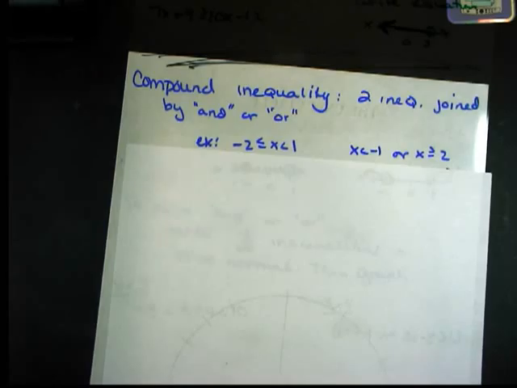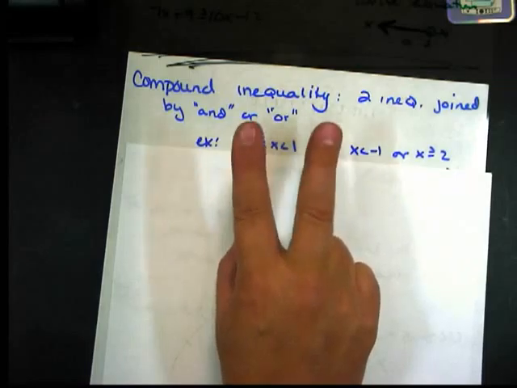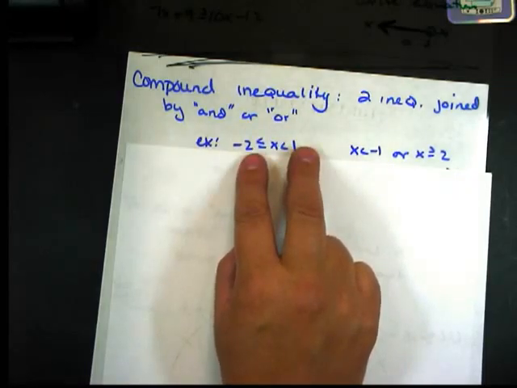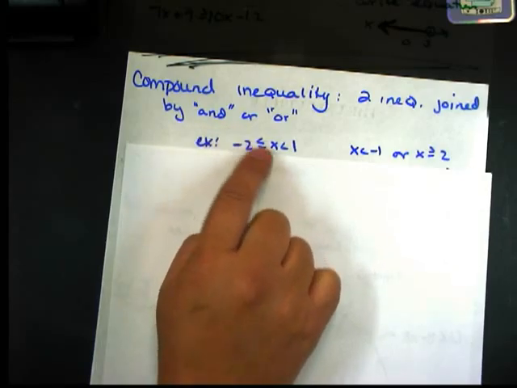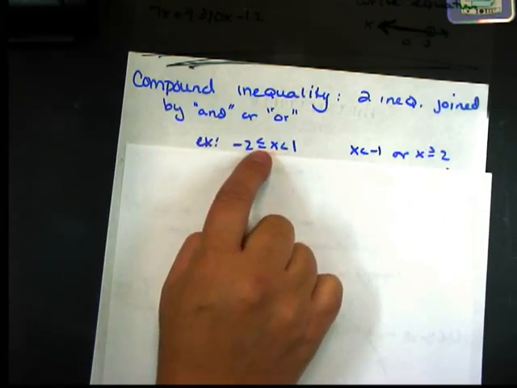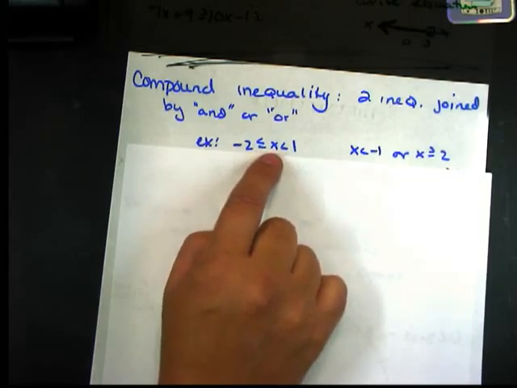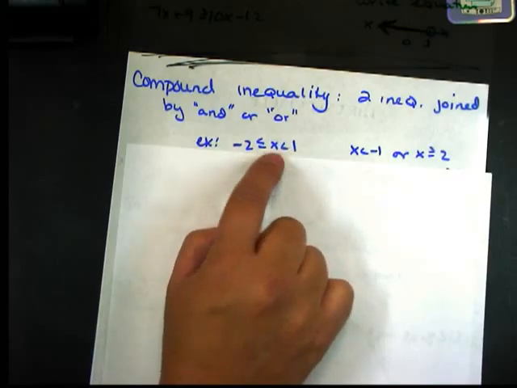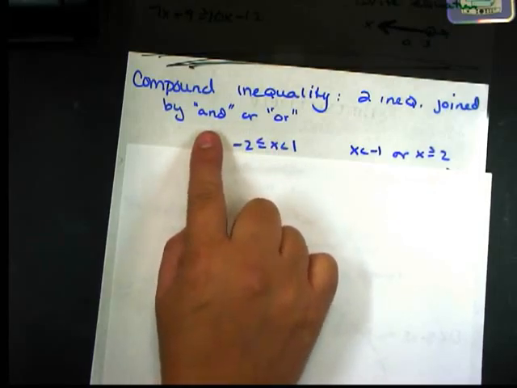When you see that x is between two things, that implies the word and. X is greater than or equal to -2, and x is less than 1. So we read this in both directions, which gives me the word and.